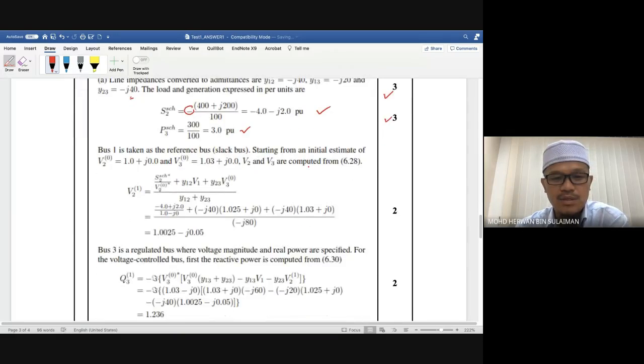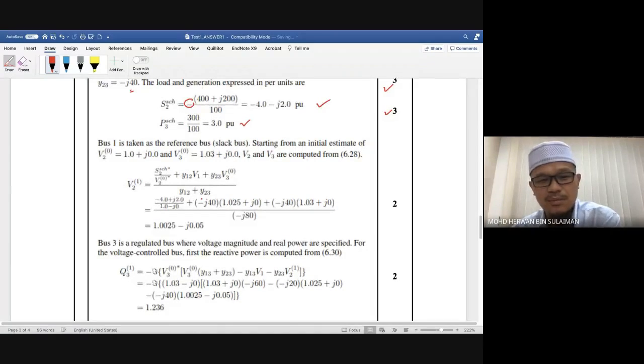Then you take bus 1 as a reference bus. Start at bus 2, right? Because bus 1 is the reference. So starting from initial estimation, V2 1, but V3 you maintain at 1.03. So you use this equation. Right. As scheduling is the value that you calculate here. Divide V2 conjugate Y12 V1, Y23 V3. So V1 is constant because it's reference.